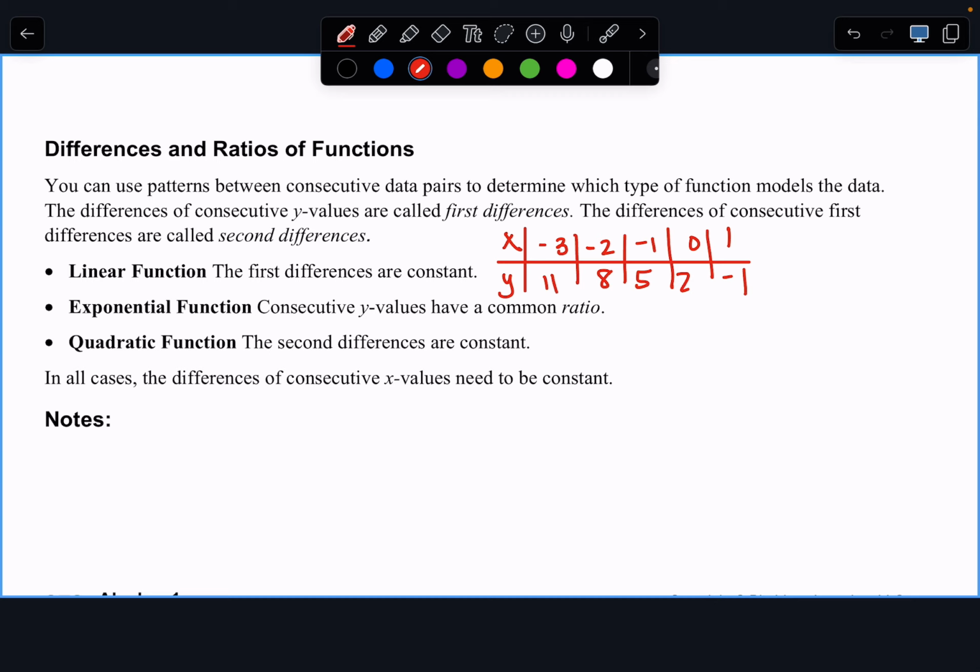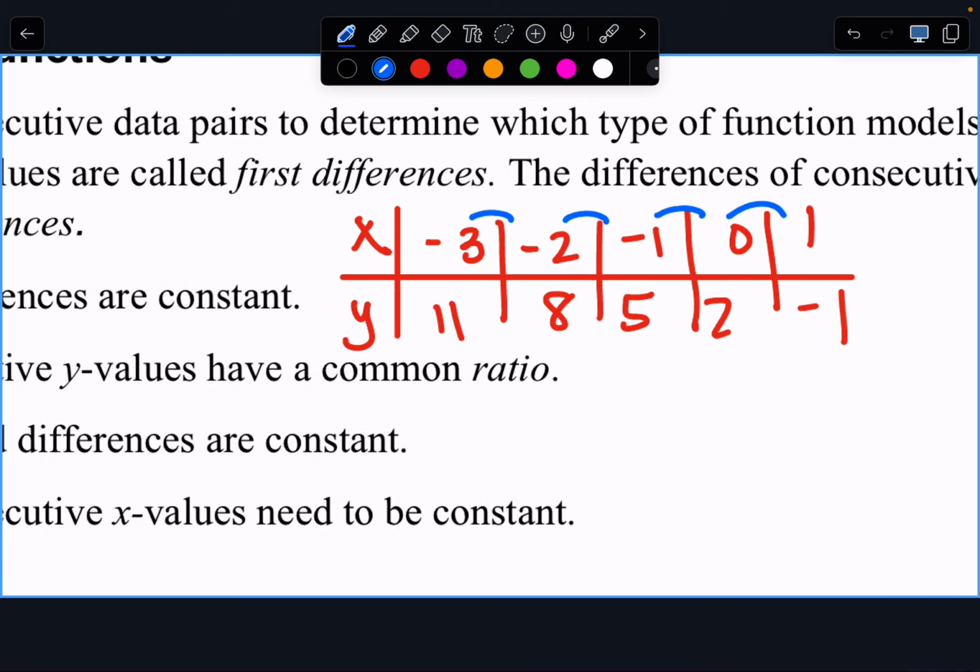Okay, so first of all, we always have to look to make sure that our x's are consistent, okay? Are we going up by the same amount for our x's? Yes. Okay, because it does not make sense for us to look at the y patterns if our x isn't consistent, okay? So what do you notice about the y values? Goes down by 3.